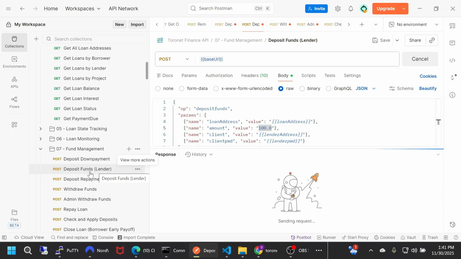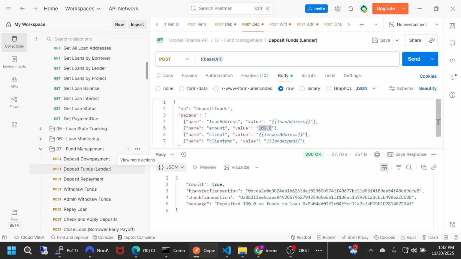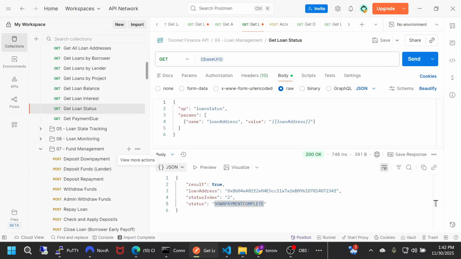If the borrower doesn't withdraw all of it, then the loan switches immediately to disbursed, and any funds left just go back to the lender, and the interest is going to be computed on how much the borrower has withdrawn. All right, so here the loan has switched. Let's check the status. The funds have been deposited. So now it's funded, and now the interest begins to accrue, right?